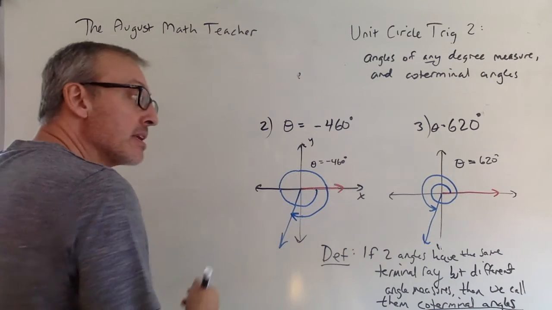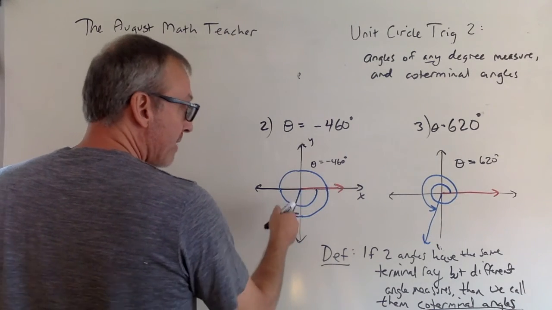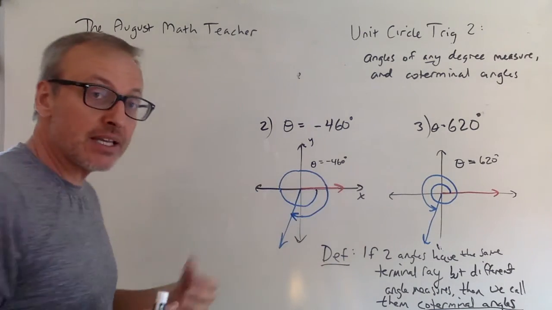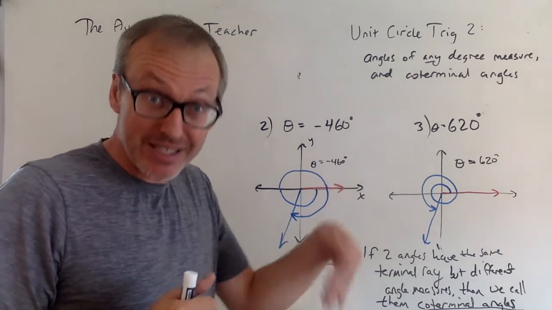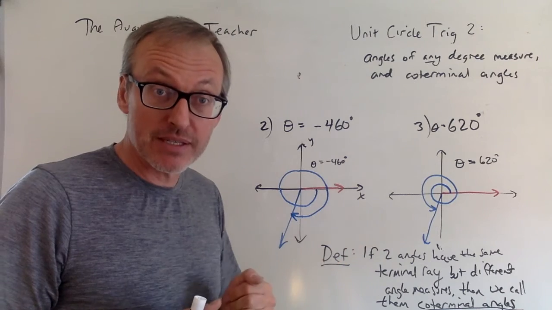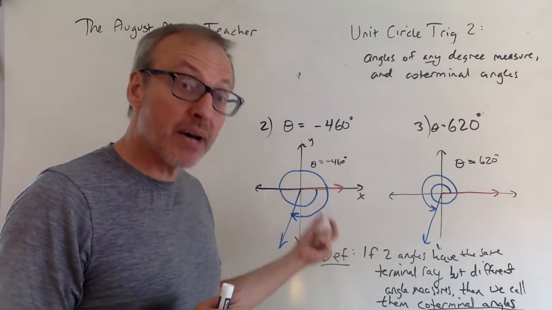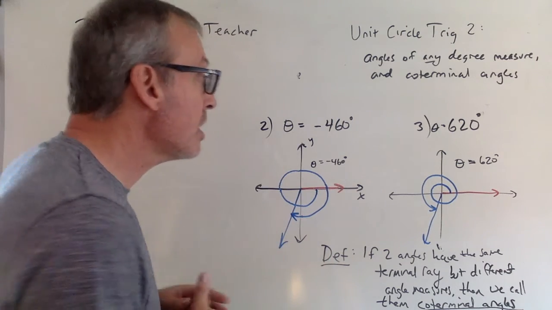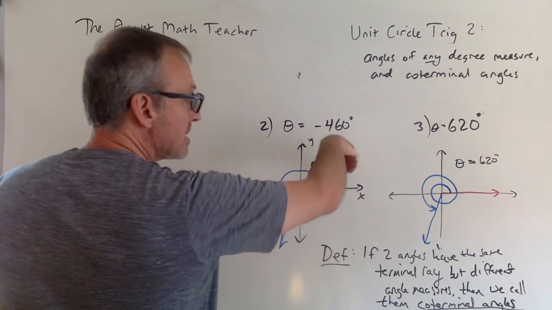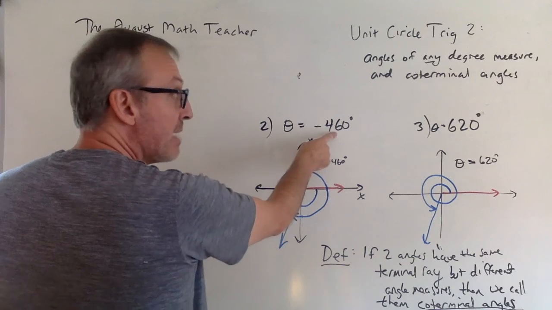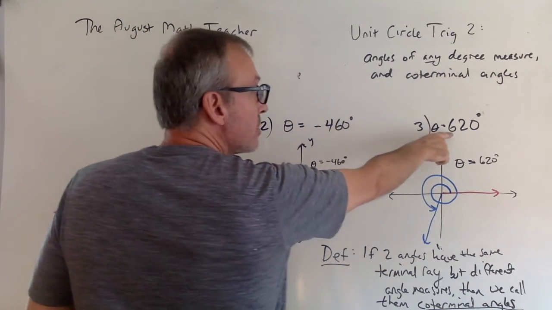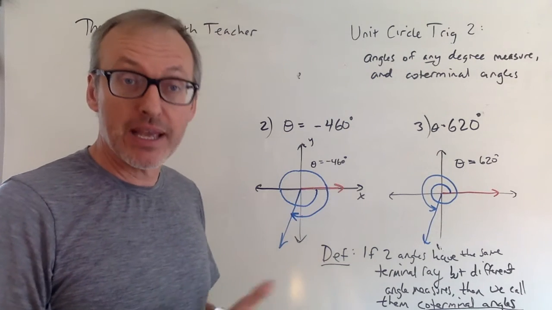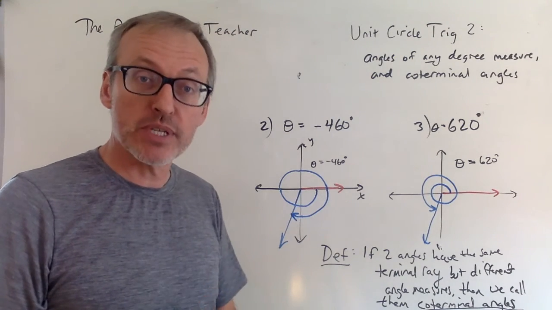The amount of spins you'd have to make to land one of these on the other is going to be spins made of 360s. These are off by some number of 360 degrees. Negative 460 has 460 degrees to get back to 0, then 620 more degrees. If you add 460 to 620, you get 1,080, which is 3 times 360.